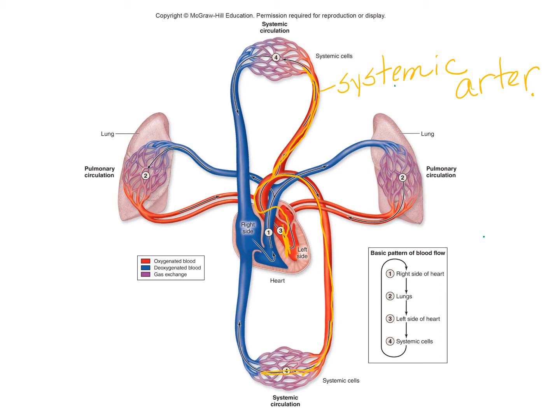We pass through the capillary beds, and what happens there is oxygen leaves this blood and goes and supplies the tissues. Head back to the heart via the systemic veins. And again, vast majority of veins in your body are going to be blue because the vast majority of veins in your body are in the systemic circulation.